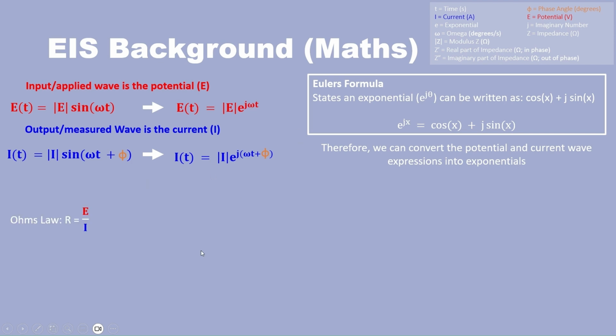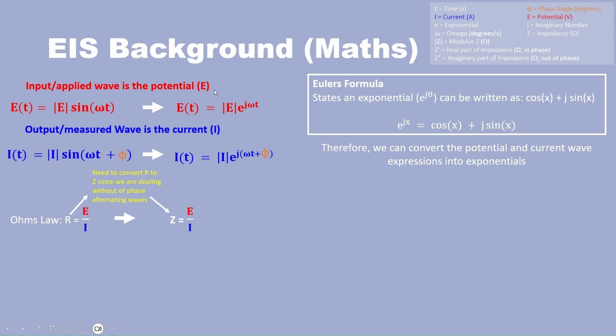From that, we can then apply it to Ohm's law over here. We obviously need to convert it, as we spoke about before. We can no longer use the resistance term to describe our system since we have our phase shift. We need Z to account for the imaginary out of phase part.